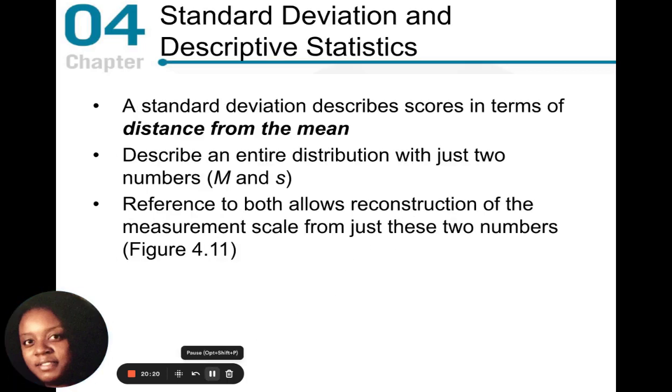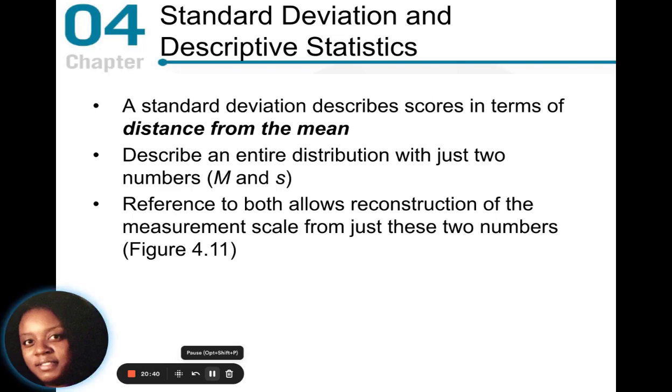When it comes to descriptive statistics, a standard deviation is going to describe scores in terms of how much they differ, or what distance there is from the score to the mean. It's also going to help describe an entire distribution with just two numbers.